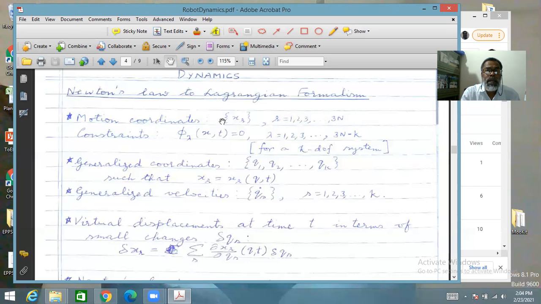Now, in these motion coordinates, there are constraints. Some because of the rigidity of one body, and some because of rigid connection between two bodies. So those constraints typically operate like this.